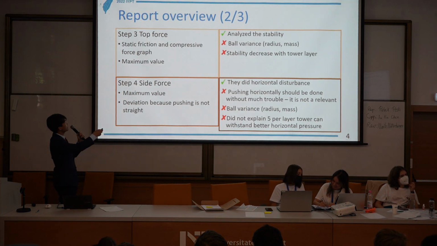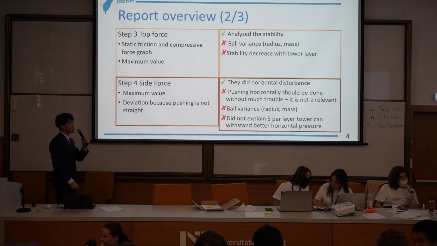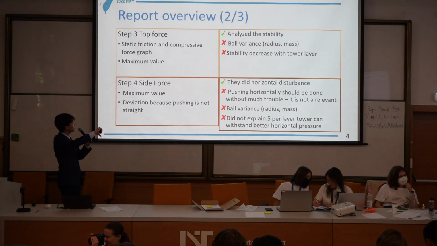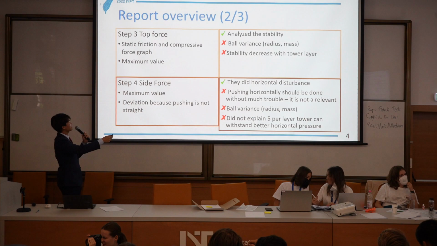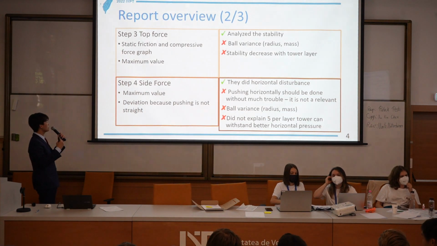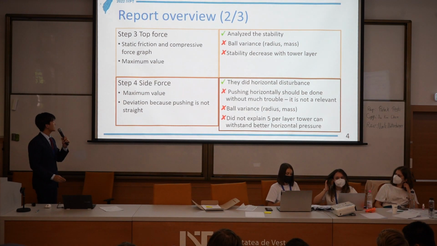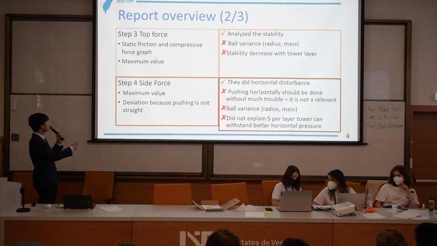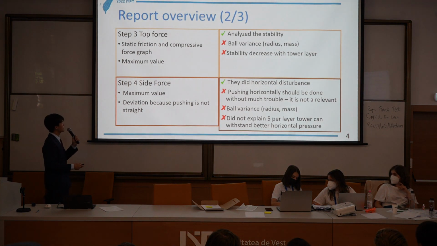And they didn't explain why the stability under vertical force would decrease with the tower layer. Instead they exerted sliding force to the tennis ball tower, and they found a maximum value, and the deviation is because the position is not straight.